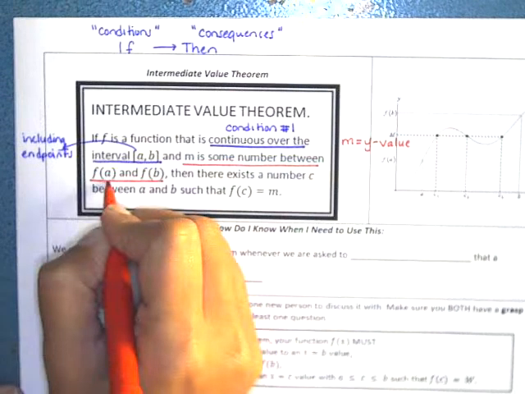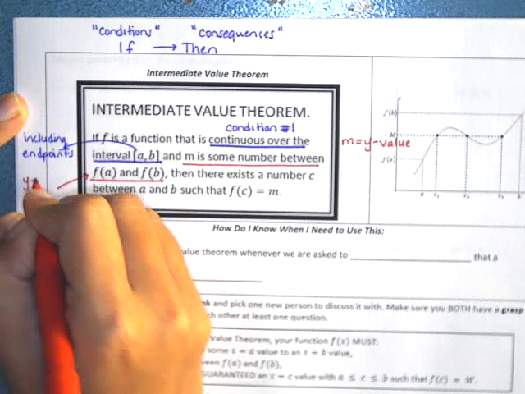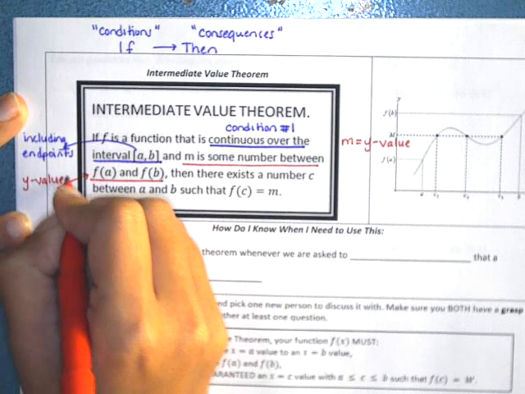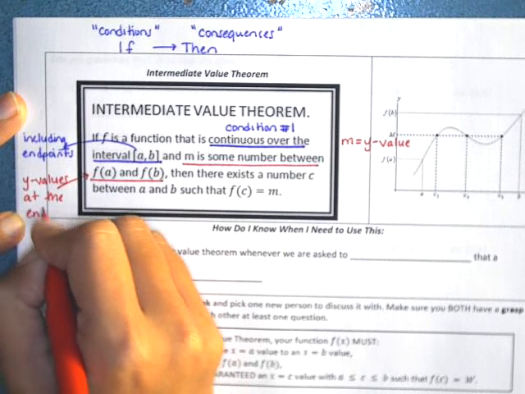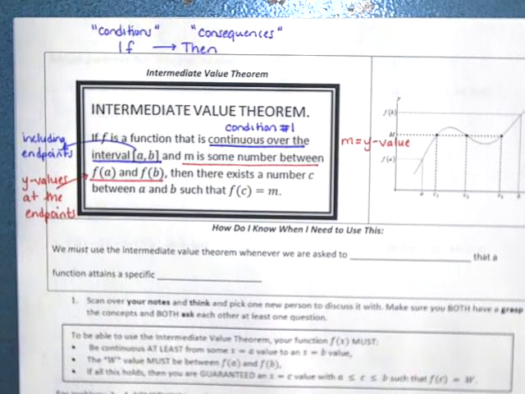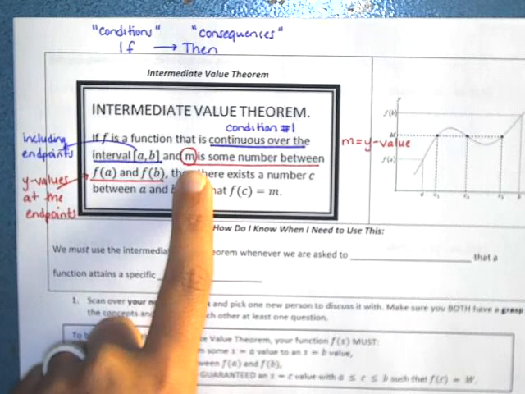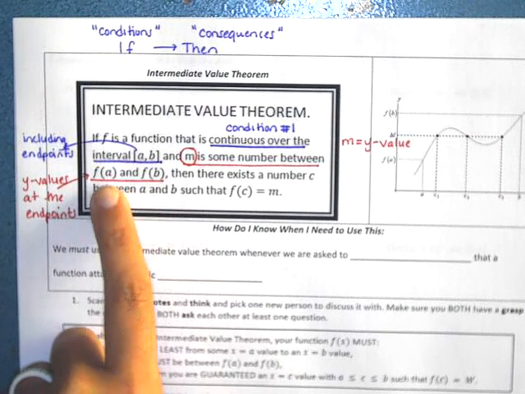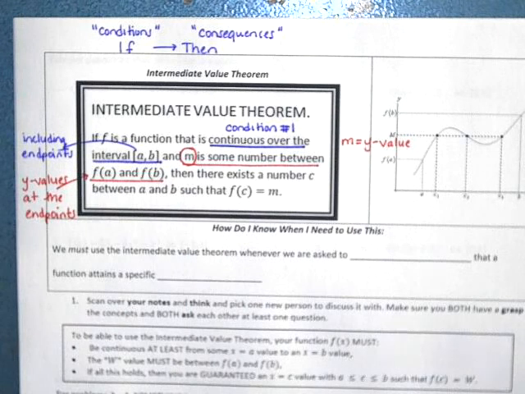And f of a and f of b are going to be the y values at the endpoints. So if m, which is the number we want to talk about, is between the numbers at the endpoints, the y values, then, now here's the consequences.